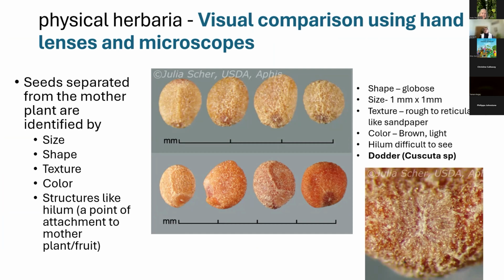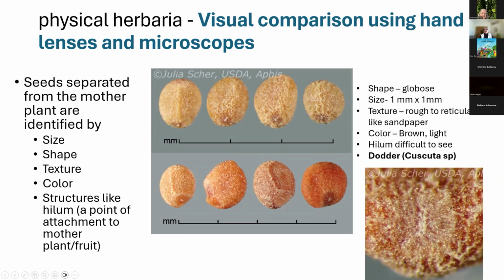So we utilize certain characteristics of seeds to identify them, such as their size, their shape, the texture, their color, and then there may be anatomical structures on the seed that help folks identify and separate one genus of seeds from another. So we're going to channel your inner botanist is what we're doing here in the seed herbarium.